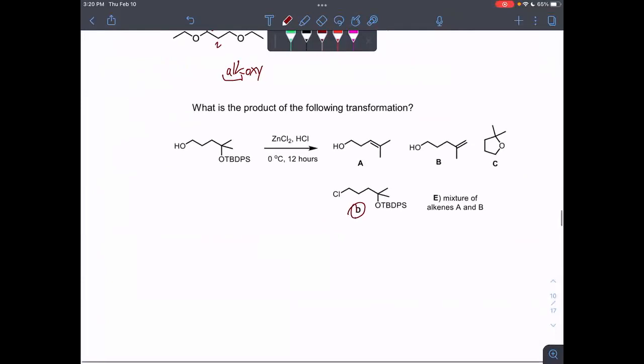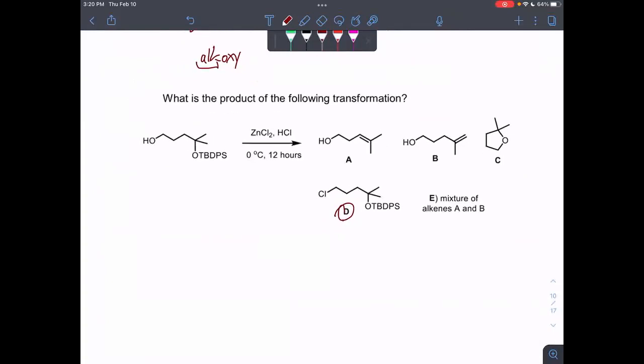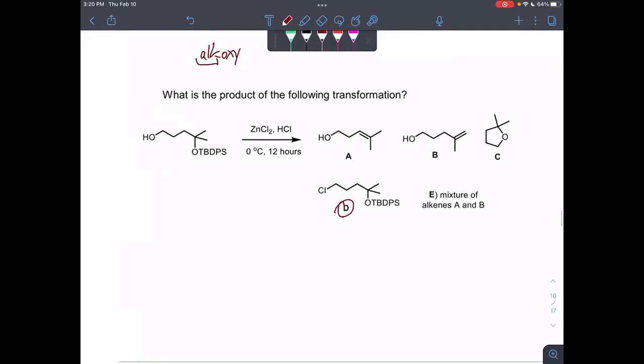Does the protecting group keep stereochemistry also? This one, I think it inverts. Yeah, but it's also at the end, so it doesn't matter. Wait, let me Google that. Yeah, I think ZnCl2 inverts.